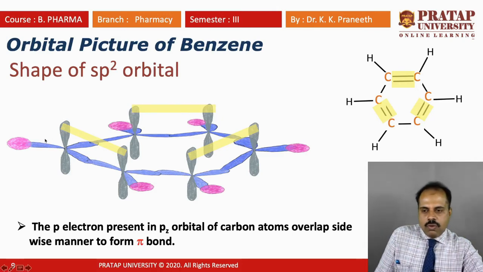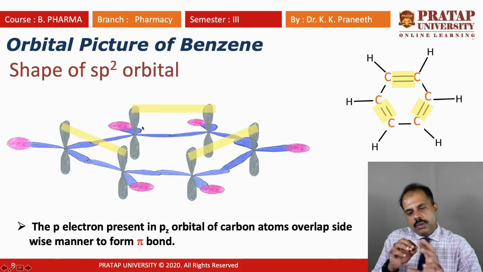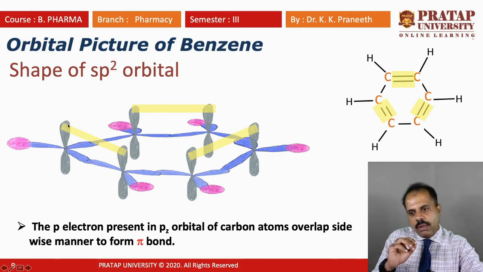The double bond is formed by sidewise overlap of the pz orbital shown in the gray to form the 3 double bonds. And depending on the position of the overlap, from here to here or from here to here, the double bond also changes. So we can get 2 structures, which we will see in detail.